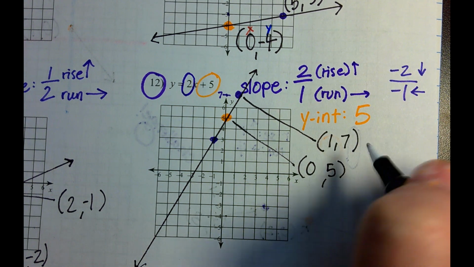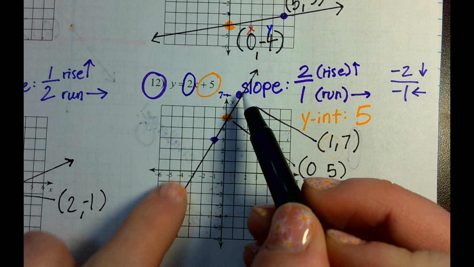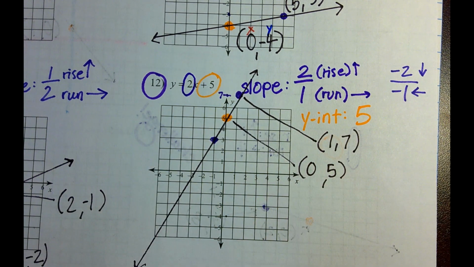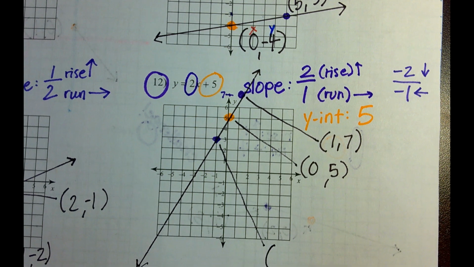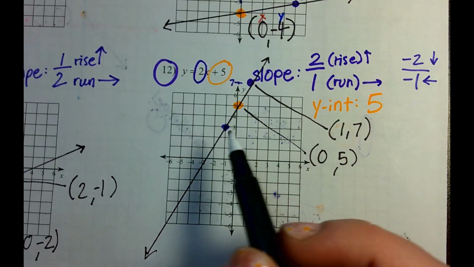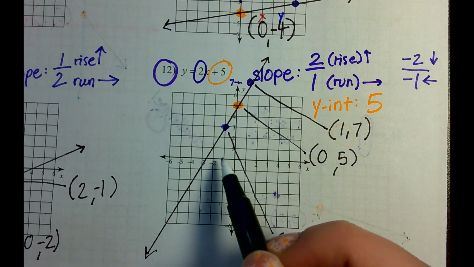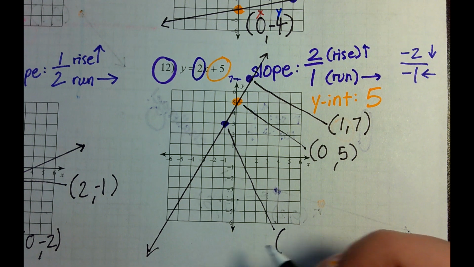It's a little trickier to see when it goes off the graph like that. But yes, 1, 7. Good. All right. And just for fun, I'll name this one too, but you don't need it. So ignore me if you want to, but I'm going to name this one. That would be -1, 3.